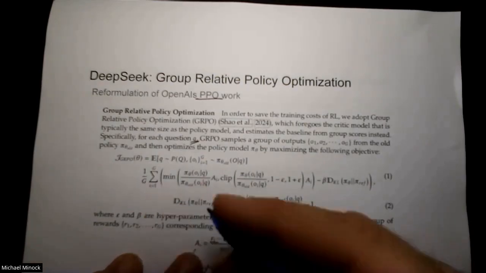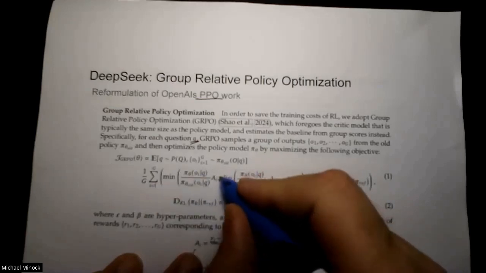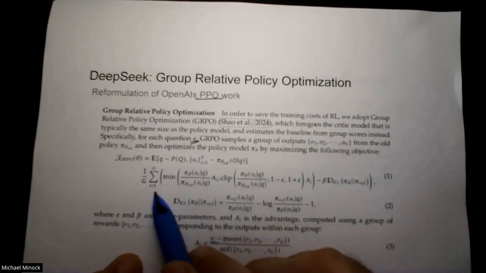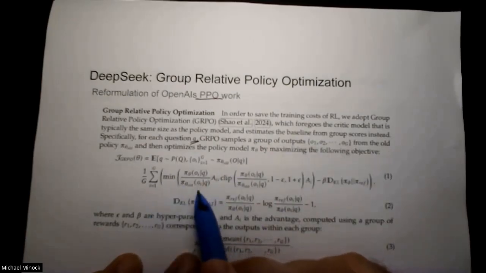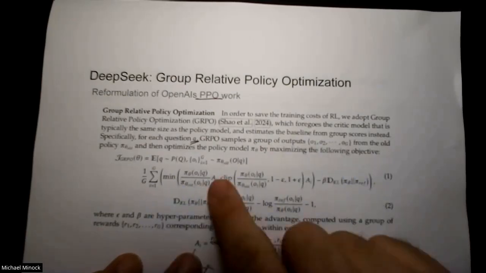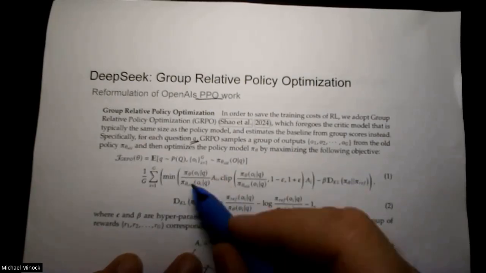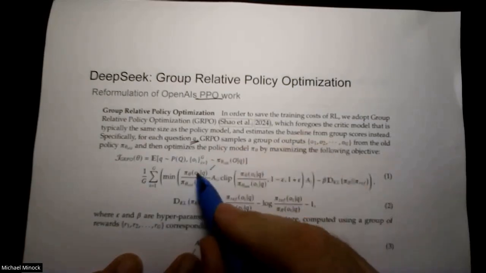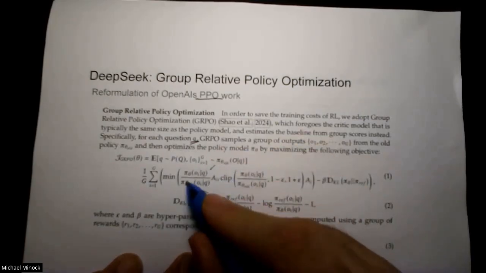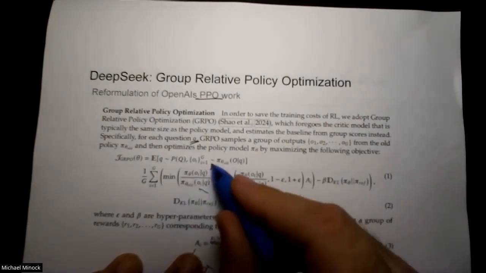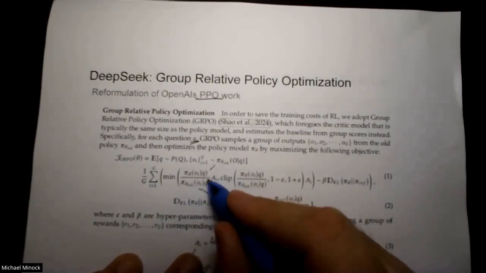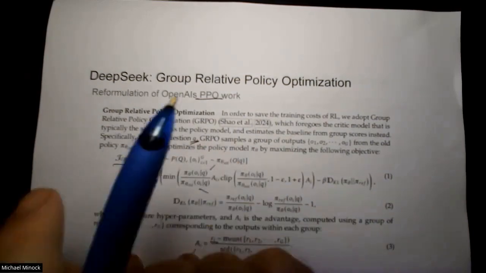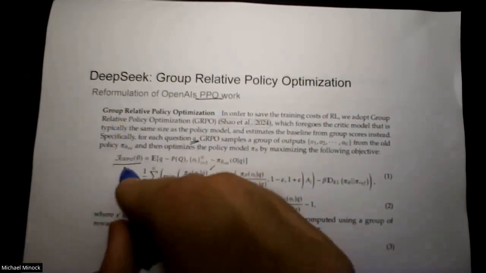So now what goes on here is that you're simply saying how much, we have a set of different completions. Let's say we have a completion that has a high advantage, it has a high reward. So if this value right here, the probability that this completion is going to come out, is greater than the probability that it comes out in the old policy, and this is a high advantage, that's going to really boost our overall score from the group.